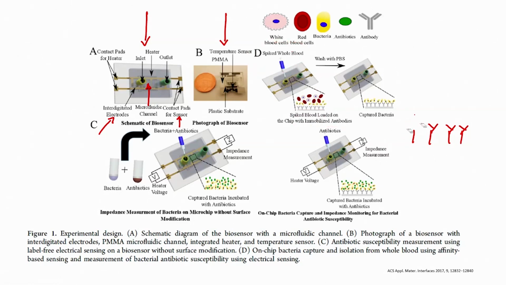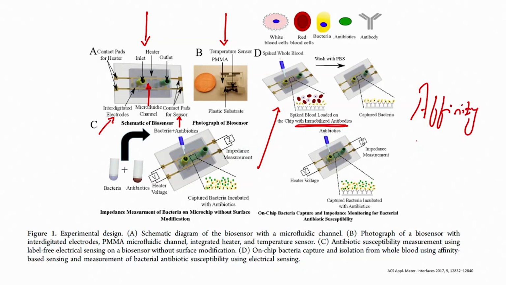It will look like the one in this figure. You got it? The first step is to immobilize your antibodies, which means you load the antibodies in the channel and incubate for half an hour so that they are immobilized. Here we are not performing any particular surface chemistry or surface modification. The antibodies stick to the substrate using affinity. So, this is called affinity based sensing.